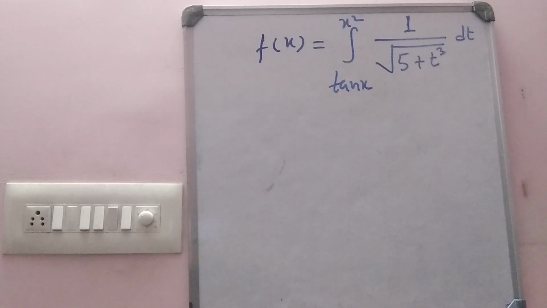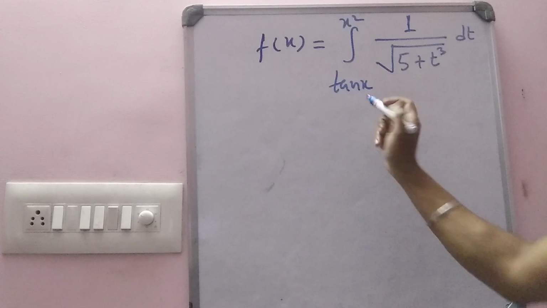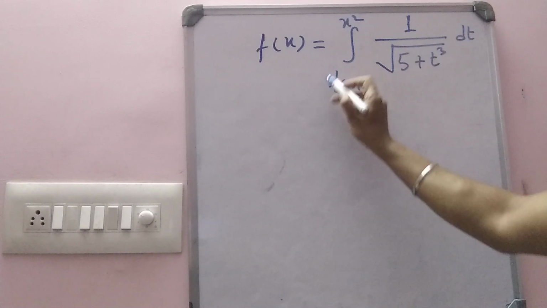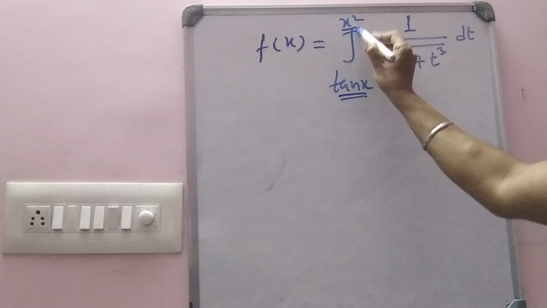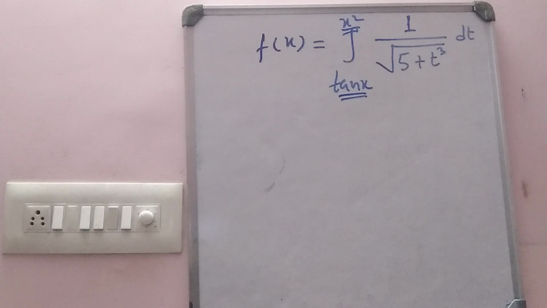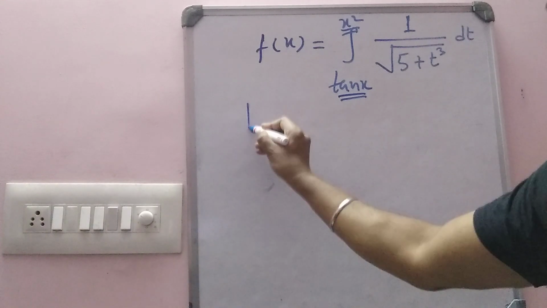See, this problem is a little bit difficult, not so difficult. What is the main thing here? Lower limit is 10x, that is trigonometrical, and upper limit x square is algebraic. So whenever you see limits like that, two types of limit given, you can do this, just remember this.